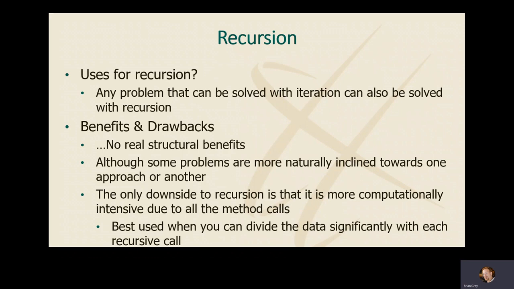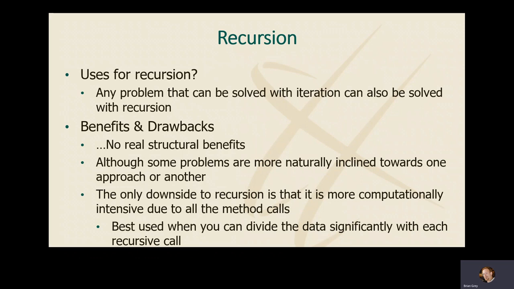So the downside to recursion, though, is that it's more computationally intensive. The method calls are slower than simply iterating variables. This is because you have to add and remove variables from the call stack, which is a slower process. So this is why divide and conquer algorithms are generally the preferred methodology for recursion.